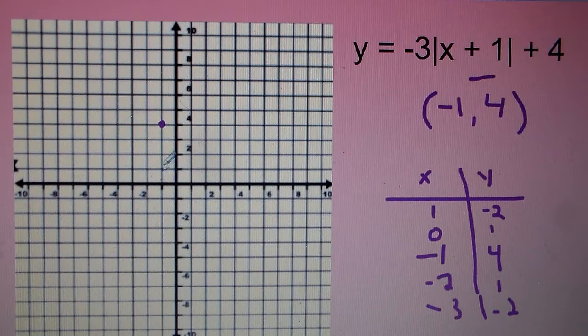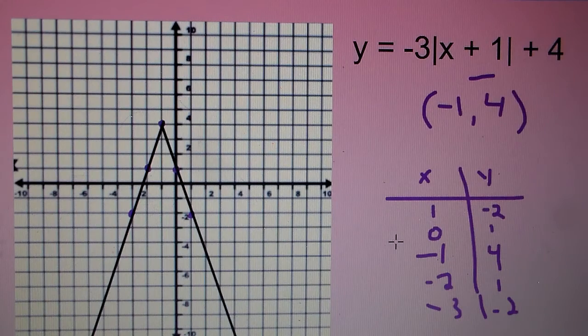So negative 1, 4, negative 2, 1, and negative 3, negative 2. And that's our graph of y equals negative 3, absolute value of x plus 1, plus 4.